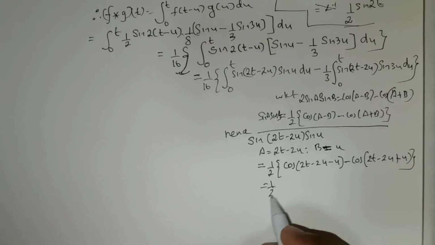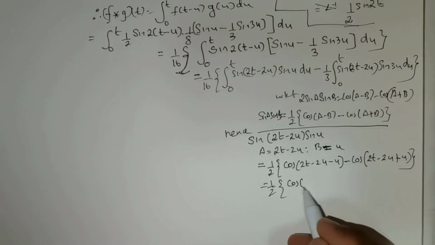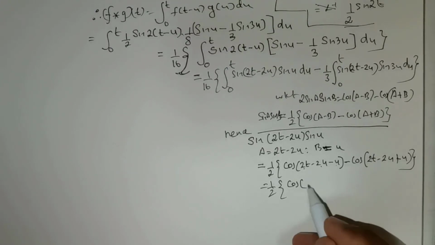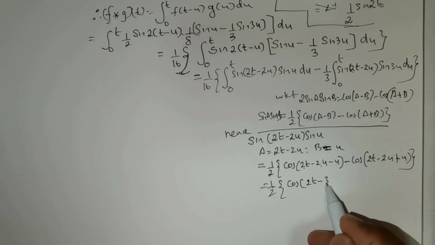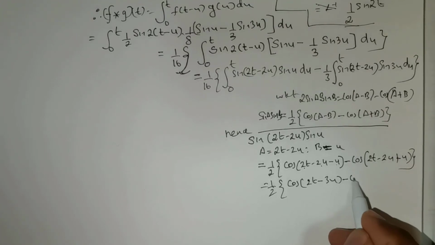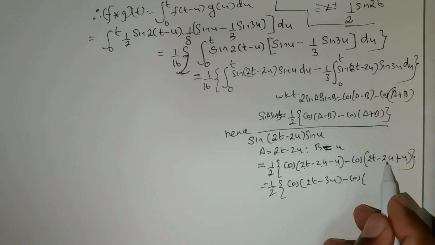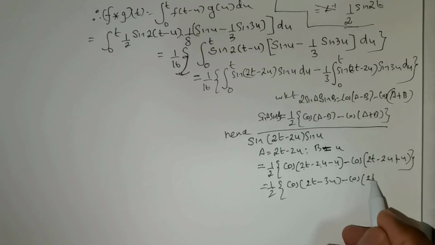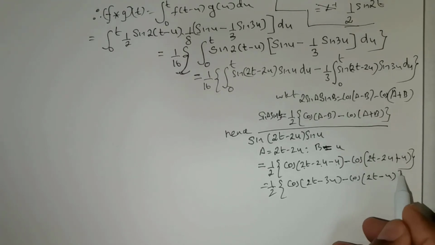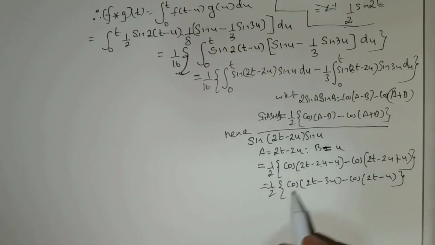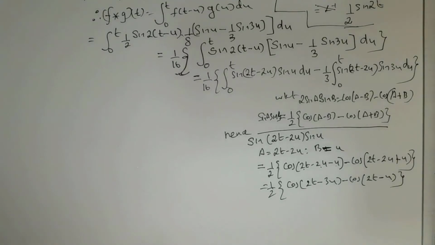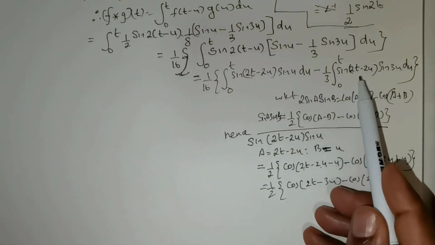So this is equal to 1 over 2 times cos of (2t minus 2u minus u), so it's going to be 2t minus 3u, minus cos of (2t minus 2u plus u), so it's going to be 2t minus u. So instead of this I would be using this. Okay, fair enough. Now comes the next part.